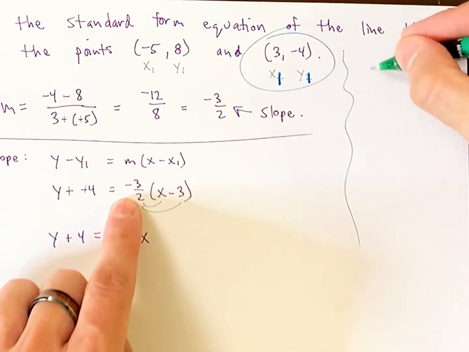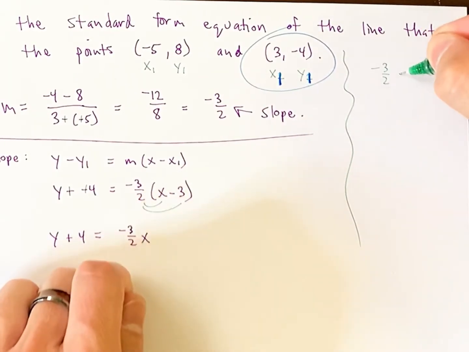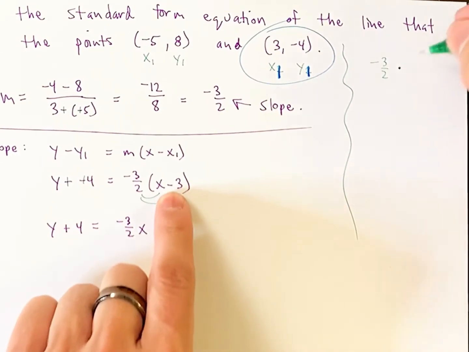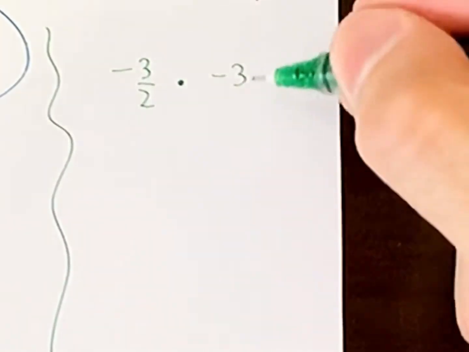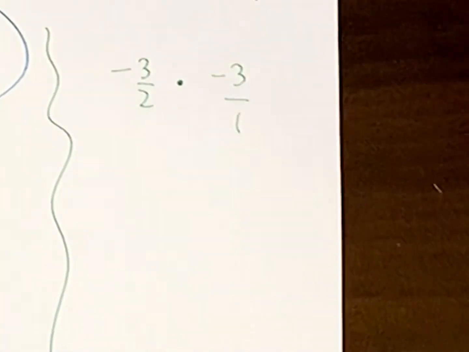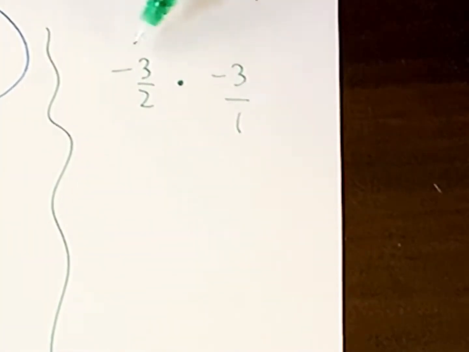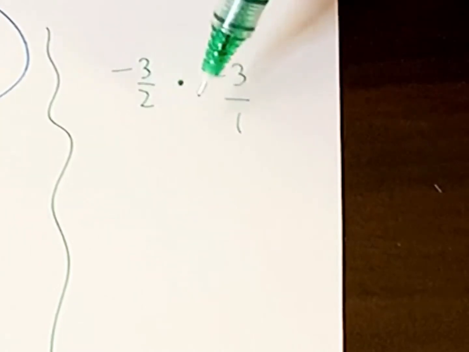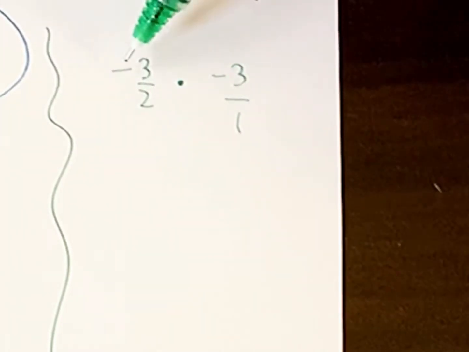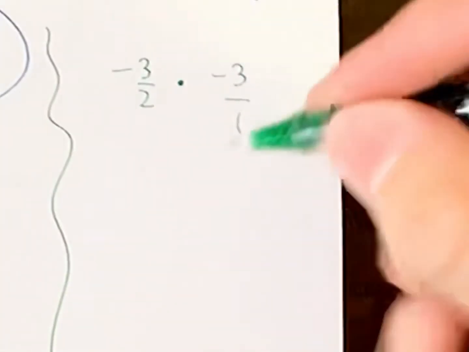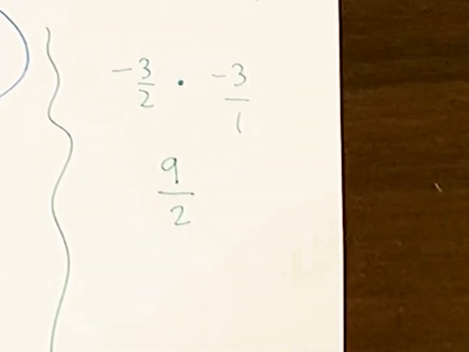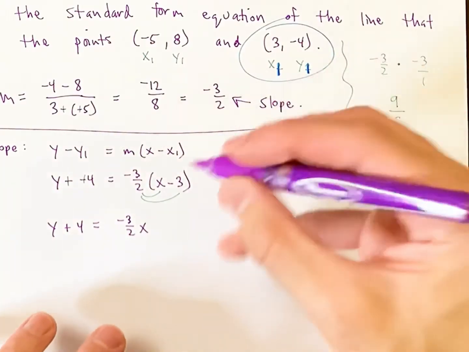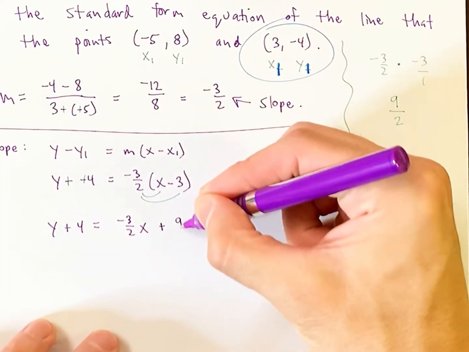I have negative 3 over 2, and it has to be multiplied by negative 3. Underneath the negative 3 there is a 1. If you want to multiply two fractions, you multiply the numerators, and in the bottom, the denominators. So upstairs, it's negative 3 times negative 3, which is 9, and in the bottom it's 2 times 1, which is just 2. And it's positive, right?